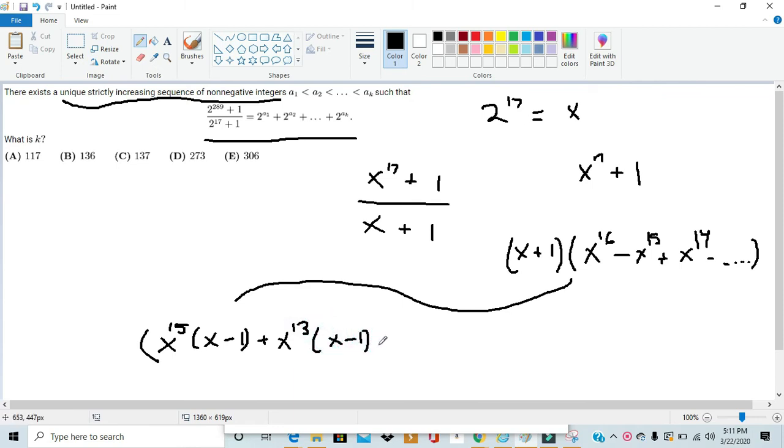And we can keep on doing this until we reach x to the 1, which is x, times x minus 1.